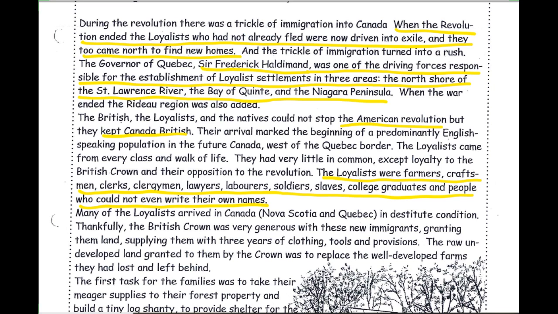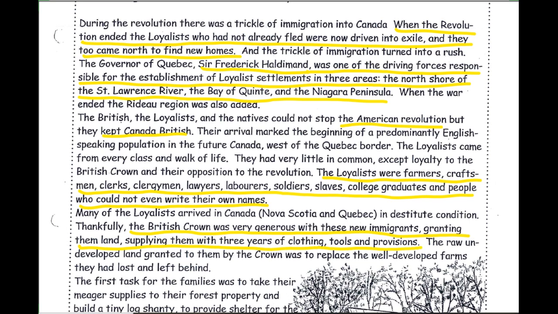We're going to continue. Many of the Loyalists arrived in Canada, in Nova Scotia and Quebec, in destitute conditions, so they were not in good shape. Thankfully, the British Crown was very generous with these new immigrants, granting them land, supplying them with 3 years of clothing, tools, and provisions.